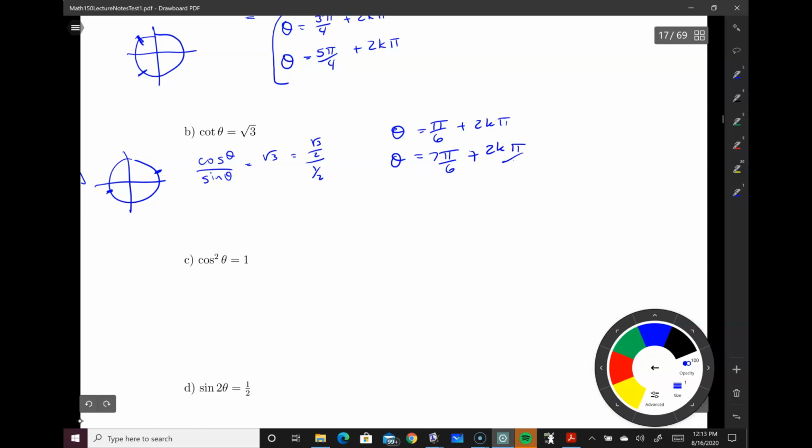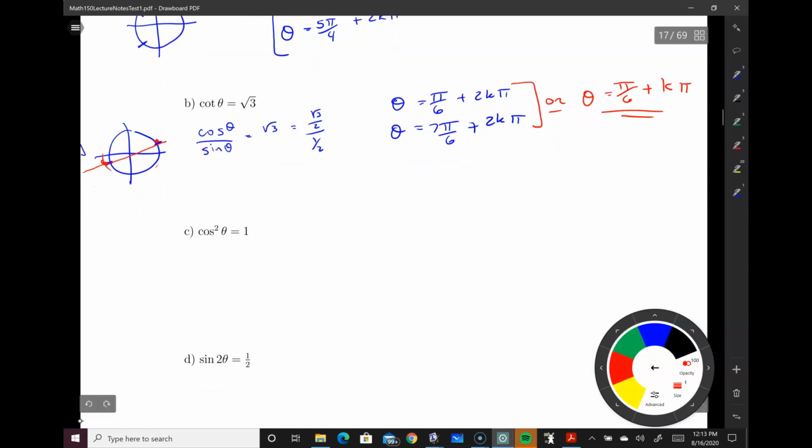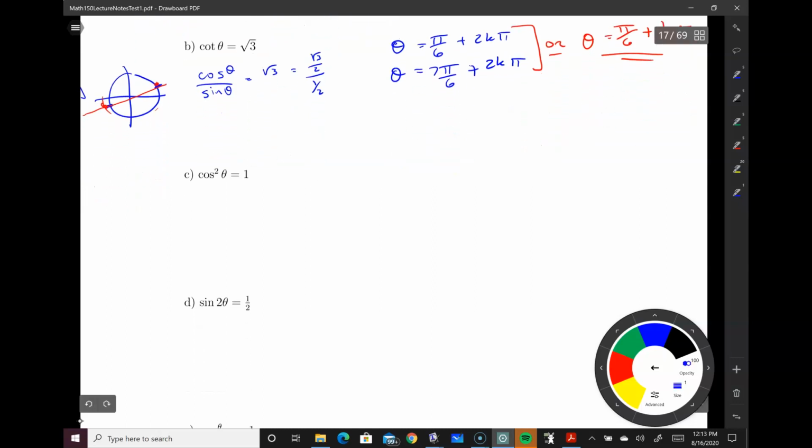Okay, so just because these are pi apart from each other, which doesn't happen that often, this is a fine answer, or I could say pi over 6 plus k pi. So go here, add pi, go here, add pi. So either one of these answers is fine. If you find that I've got one and you've got another, you don't need to change your answer to be like mine, just verify it.